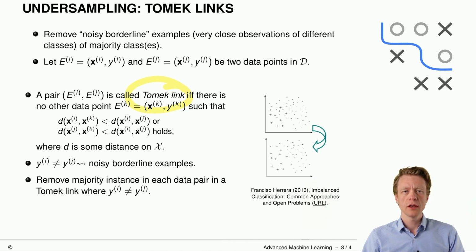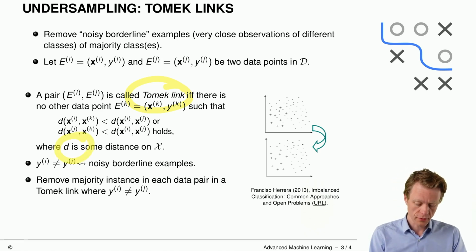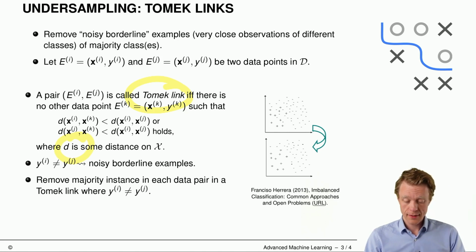For the moment we only think about x and not about y, and then two observations have a Tomek link if there is no other observation that is closer to one of those two observations, with respect to some distance metric, of course.